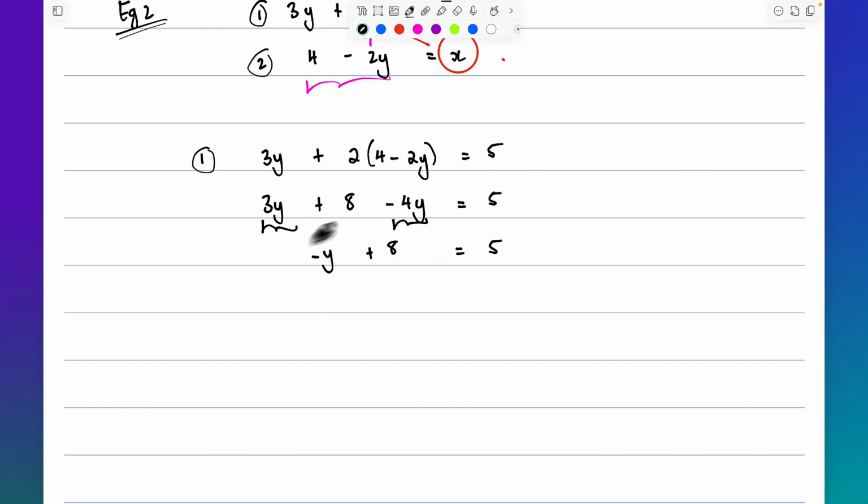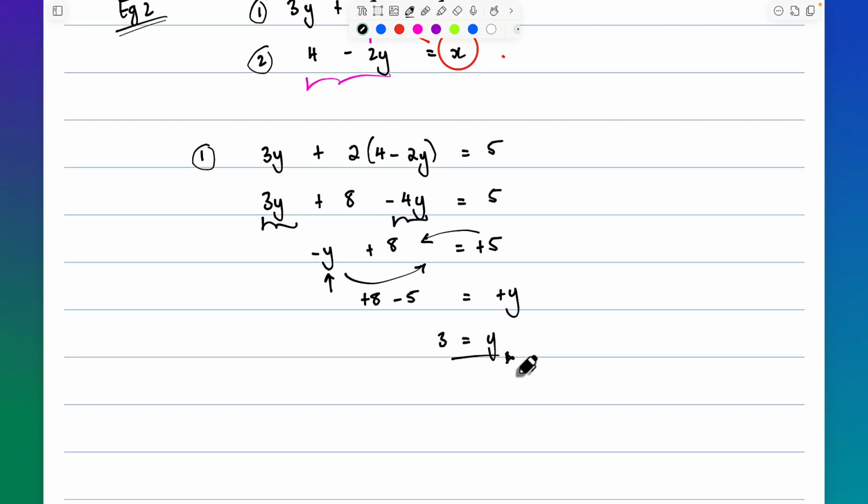I usually like my unknown value to be positive, so if I have negative y, I'm going to take it to the other side so that it becomes positive y. But now I need the 5 to go to the other side, so that becomes positive 8. Remember, when the 5 was positive on the right-hand side and you bring it to the left-hand side, it becomes negative 5. So y is equal to 8 minus 5, which is equal to 3. Perfect, so that's your y coordinate.